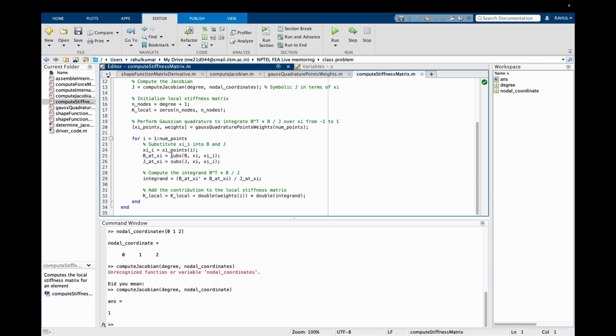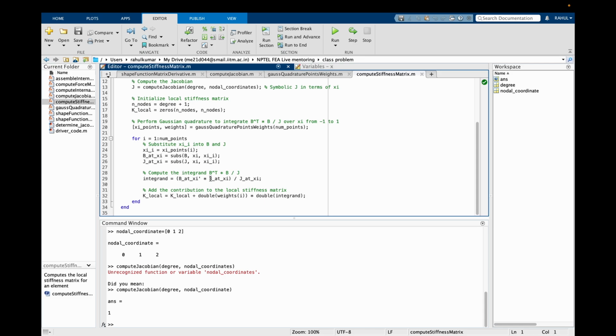Here the subs function will substitute inside the B, at the place of xi, it will substitute xii, which means the xi point is nothing but the meshing coordinates. Whatever meshing you are taking, that is the xii point. Here you can see the integrand, that is nothing but B transpose D B divided by single J. Here single J is because one J will be cancelled out, so that's why it will become a stiffness matrix.